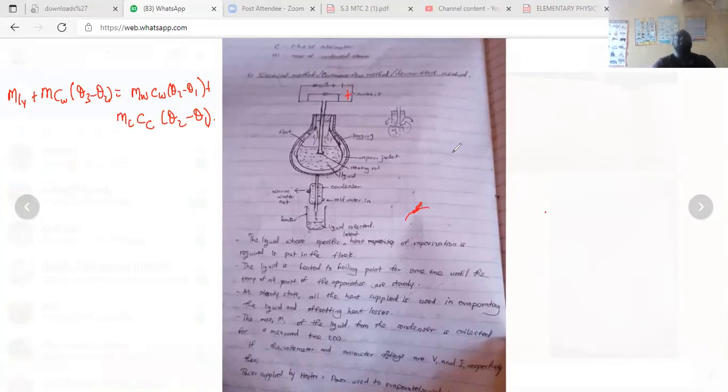The same question you asked me there: in the electrical method, the heater should touch the water. Just like in fusion, where the heater should touch the ice. When the heater is in the water, it is able to boil the water so that the water can gain steam.